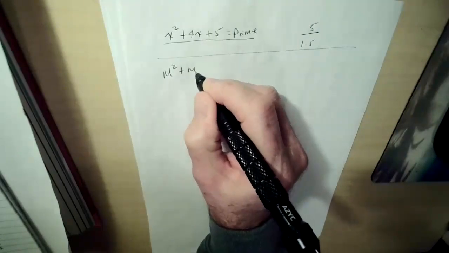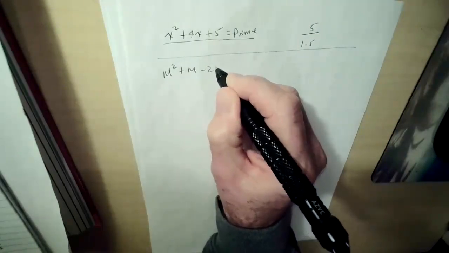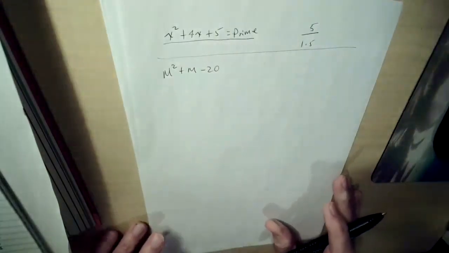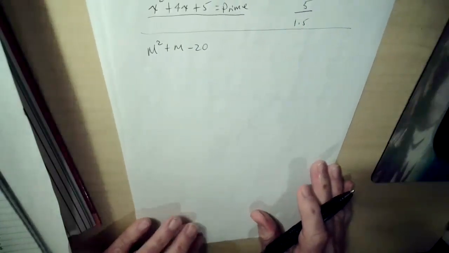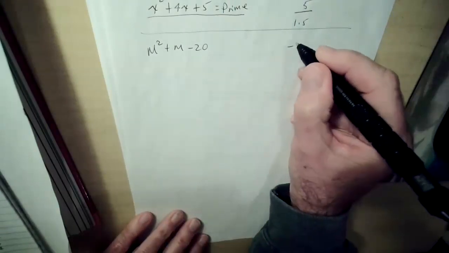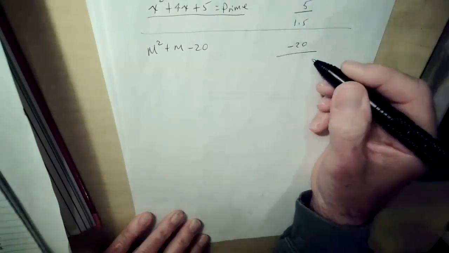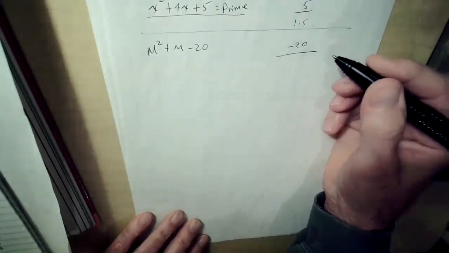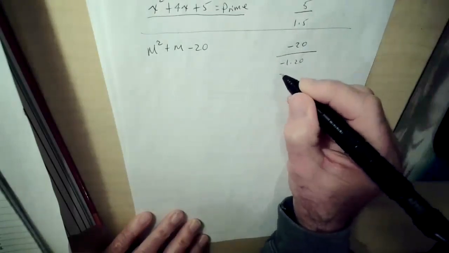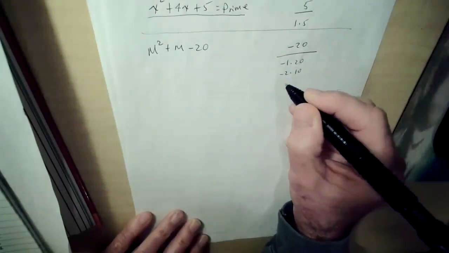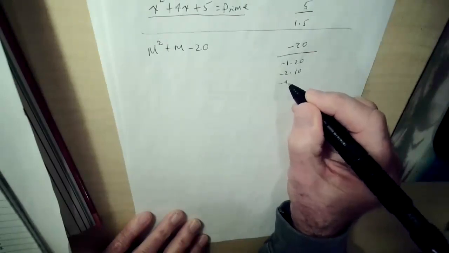Okay, now that's where everything was a positive number. Now what happens if we put some negative numbers in there? M squared plus M minus 20. Now the procedure's exactly the same. We take negative 20. What are the factors of negative 20?